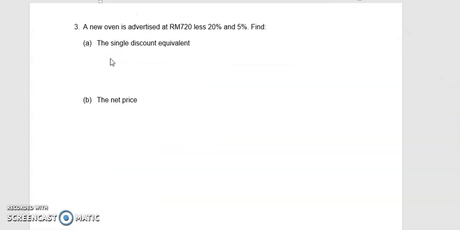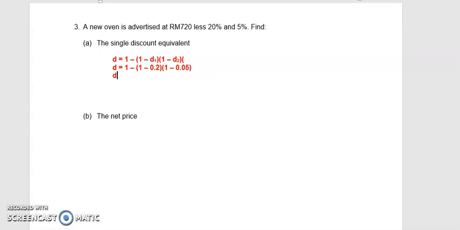Okay, now another example, number 3. A new oven is advertised at 720 less 20% and 5%. Find the single discount equivalent. So 20% and 5% is actually how many percent? So D equals 1 minus 0.2 multiplied by 1 minus 0.05.